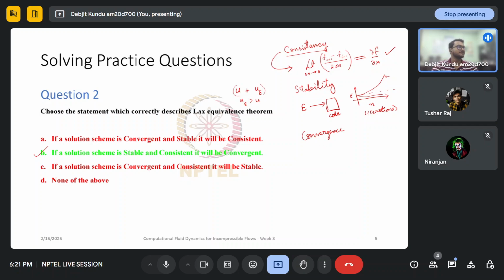So now coming back to the third thing, the convergence.